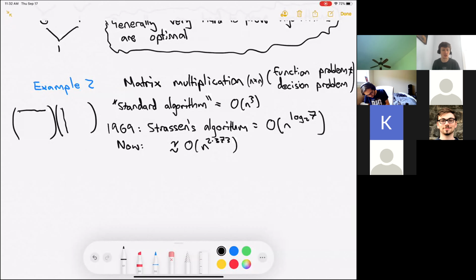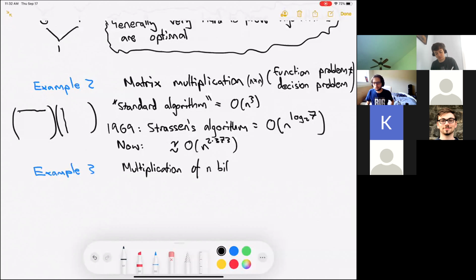Another example is just ordinary multiplication of two numbers. Maybe I'll put this as Example 3: multiplication of n-bit numbers.